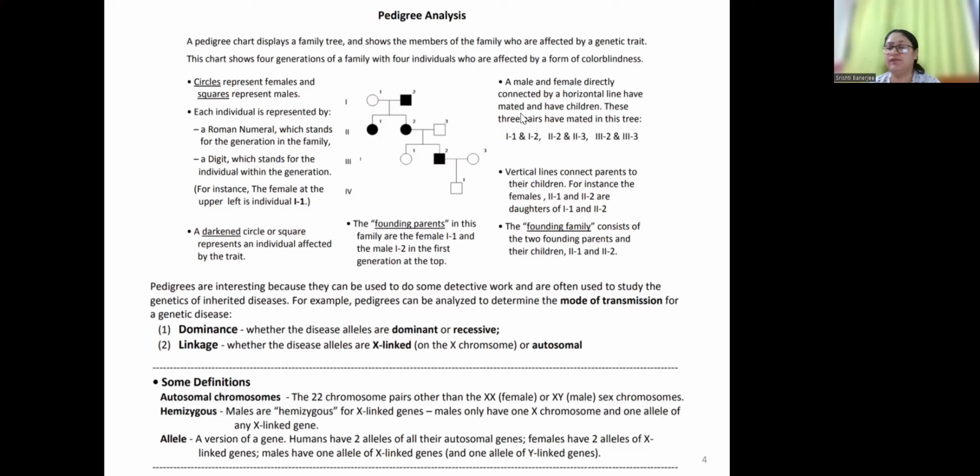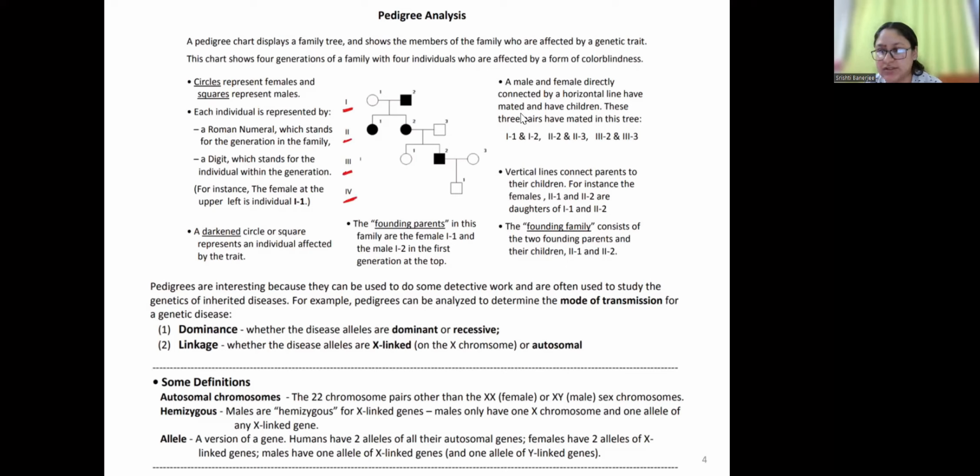So in the middle, I have given an example. It's a family in which, before going to that, how is it represented? The circles are females, squares are males. And if the circle or square is filled with some color, which is generally black, or it could be any color, that means that particular individual is affected. Now, these are one, two, three, four: the generations.